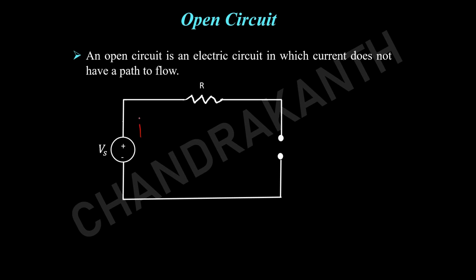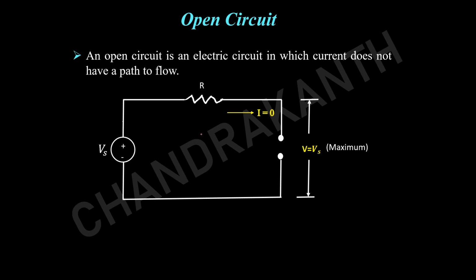The current starts from here, assuming there is a path, but since there is a break of the wire or the circuit, the current cannot flow through these terminals. This kind of circuit is called the open circuit. So the current flowing through this circuit will always be 0.